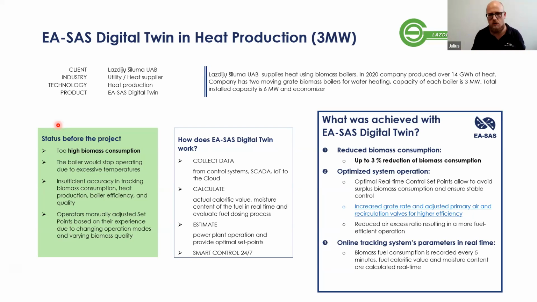Through trial and error, we saw that the automatic stops just stopped happening because it became more stable. We calculated this for a 6-month period: it was a 3% reduction of biomass consumption. And of course, there are also other kinds of values.